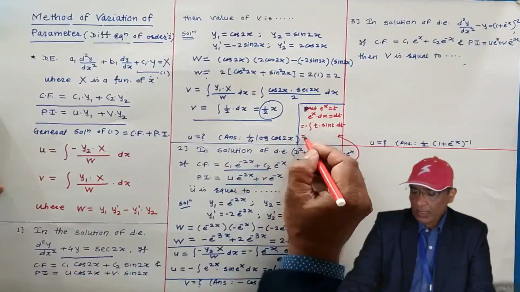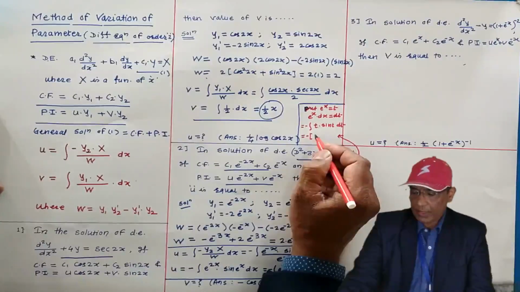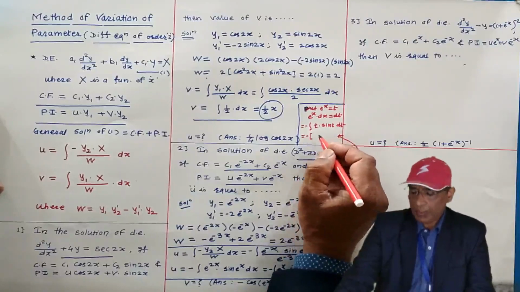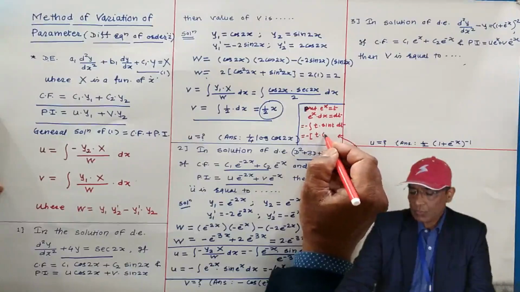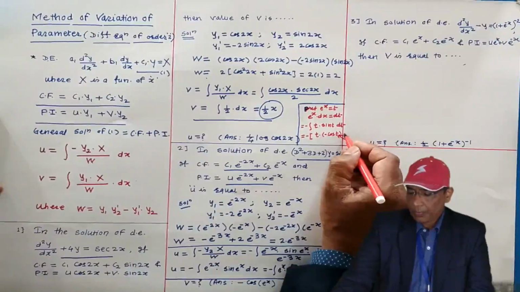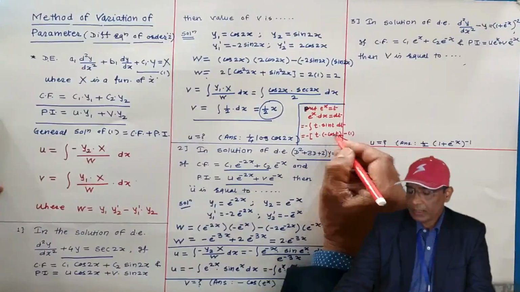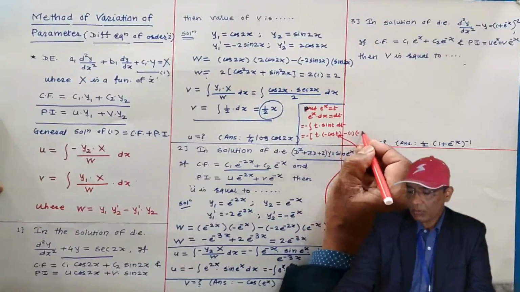Now use integration by parts and try to get the integration. What is integration by parts? The generalized integration by parts I am using. First function, the integral of sine is minus cos t, minus derivative of t is 1 and the integral of minus cos t is what? Minus sine t.